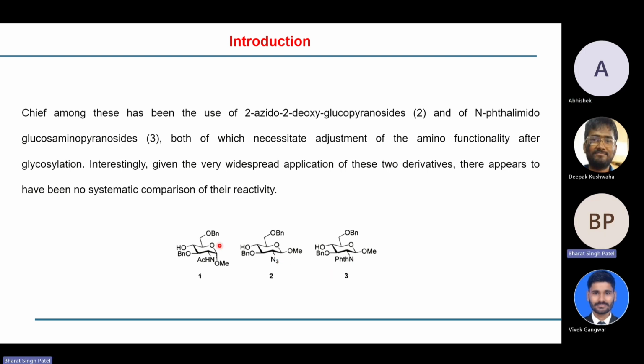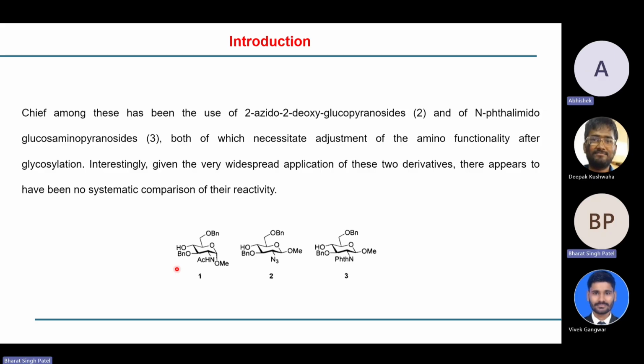Coming back to the NHAc, sometimes the deprotection or manipulation of the group does not survive in your final compound. So that's why they went with the native NHAc group itself. Ultimately, once you do the glycosylation, you have to come back to the NHAc. Manipulation of N3 and phthalimide is a little tough, or even not needed. We can just go with the native acceptor itself. That's why they gave the effort to the developed acceptor.